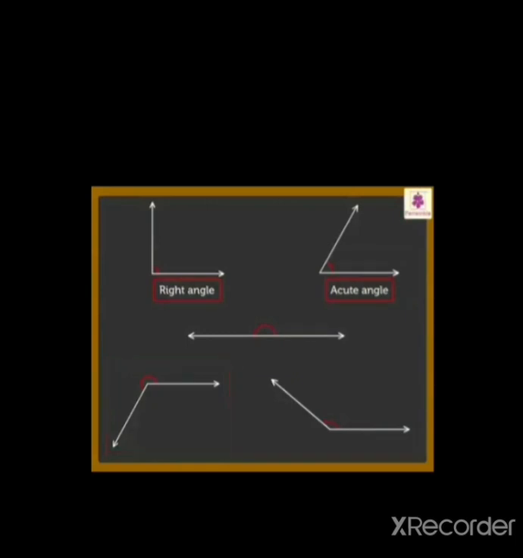Right again. It is a reflex angle. Identify the next angle. Yes, it is an obtuse angle. The last and simplest of all is, yes, a straight angle.